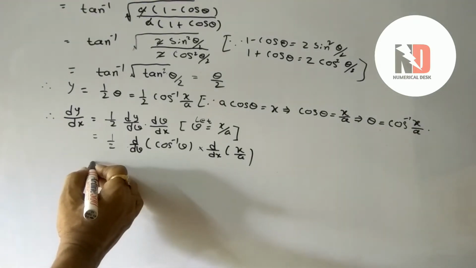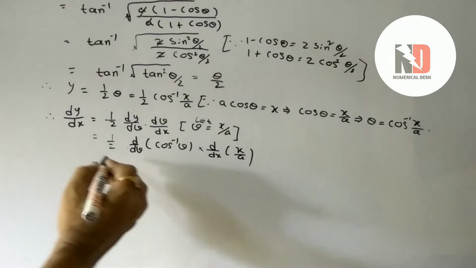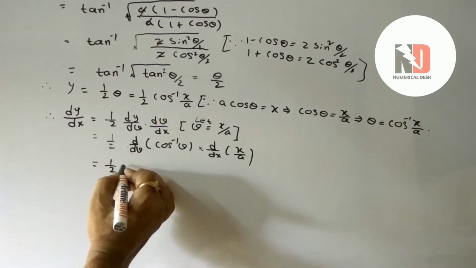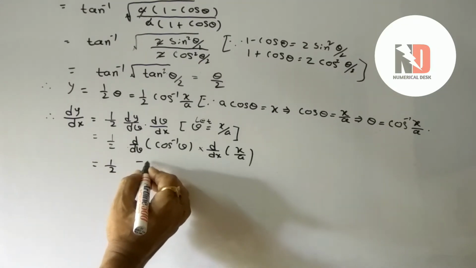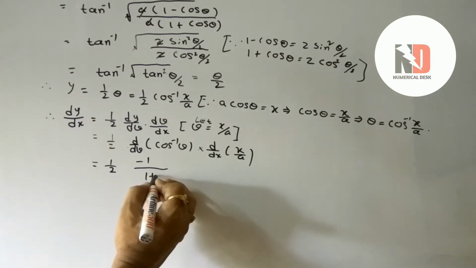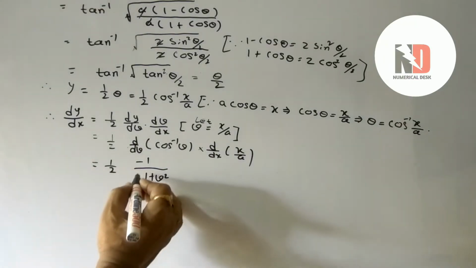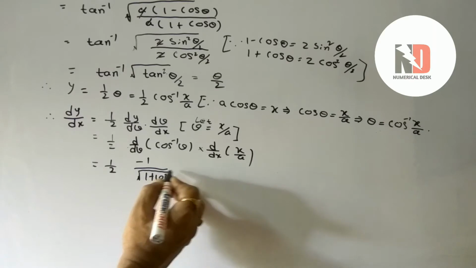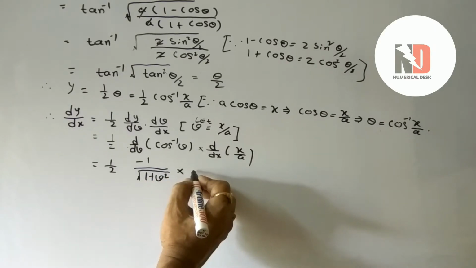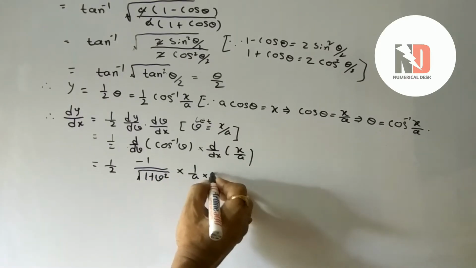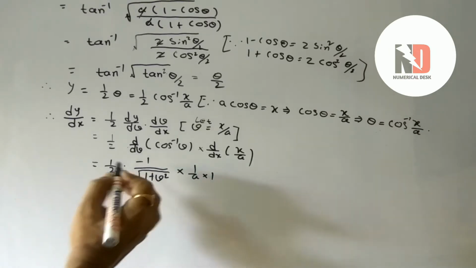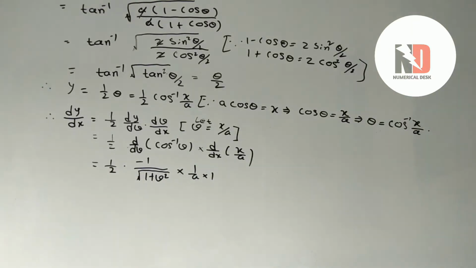Now let's see, y dash is equal to half into minus 1 by root over 1 minus v square into 1 by a outside, into d by dx of x equal to 1, putting the value of v and making the sign correct.